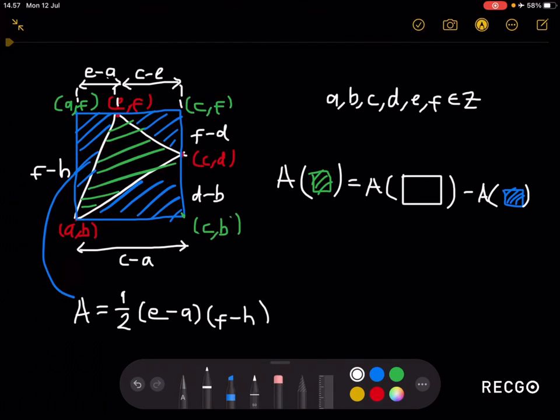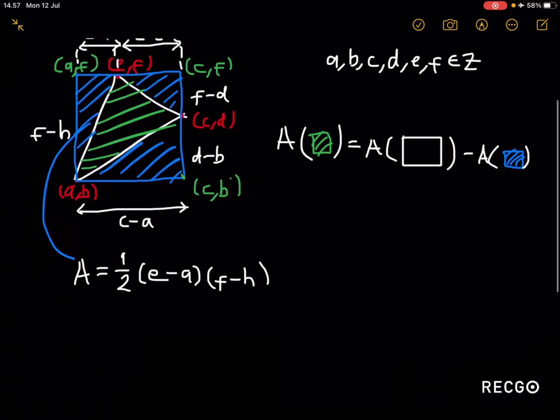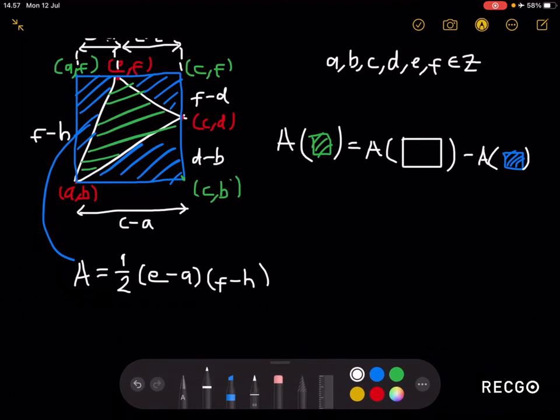Now it seems that we're going to deal with a bunch of variables, which will be kind of messy, but let's take a moment to notice something. e is an integer and a is an integer, as well as f and h, so each of these inputs are integers. Therefore the area must be a rational number, since we have a rational multiple on the front.